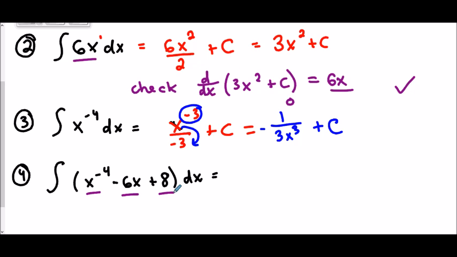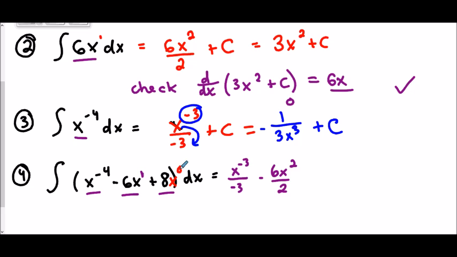So x to the negative 4th, we just integrated that. We know that we're going to have x to the negative 3 over negative 3. Then minus 6x: we have a 1 exponent, so we have minus 6x squared over 2. Now what about 8? There is no x. If there is no x, remember that's basically like having x to the 0 power.